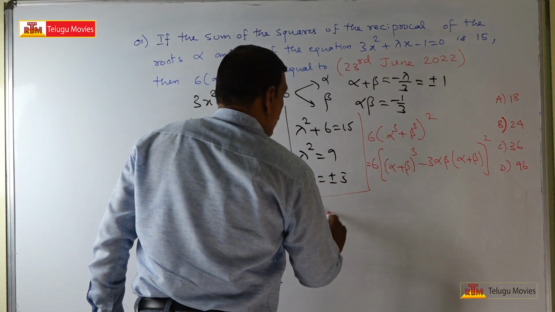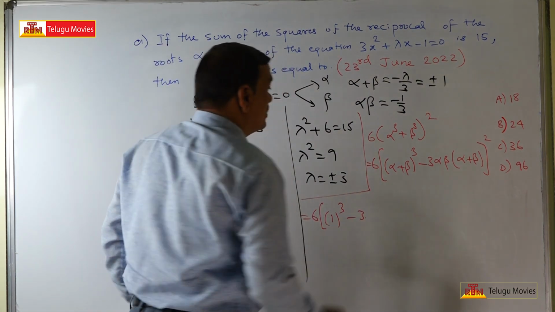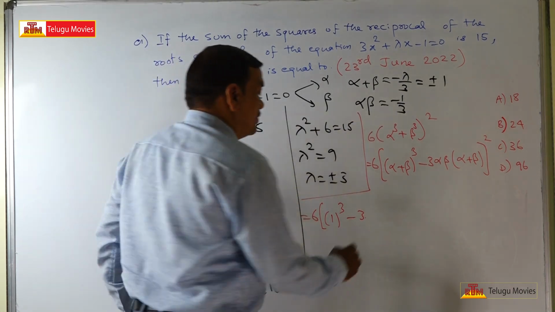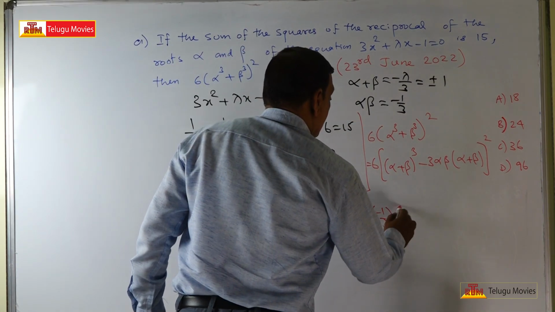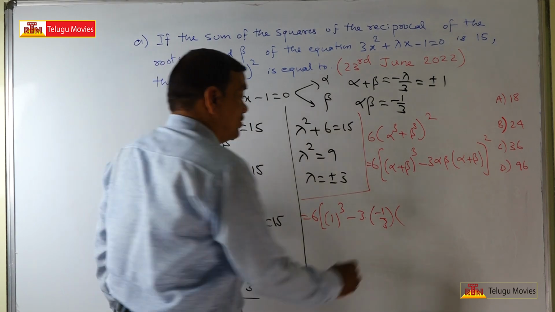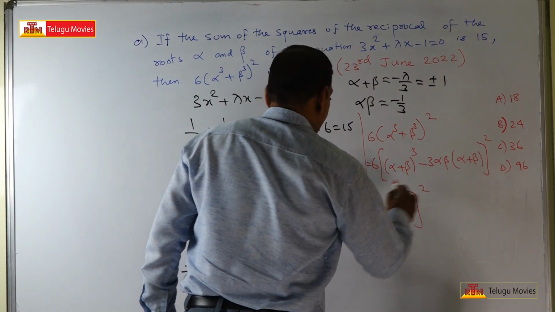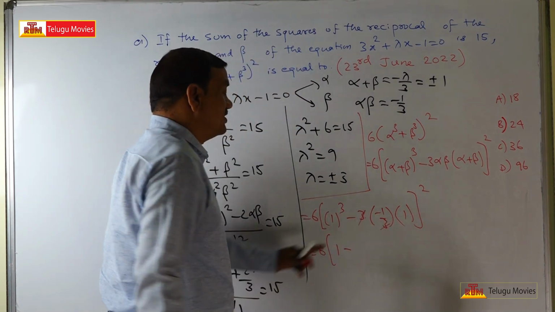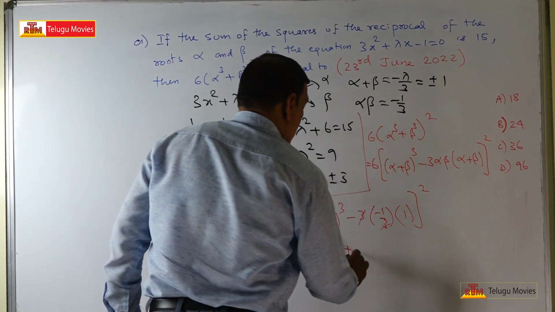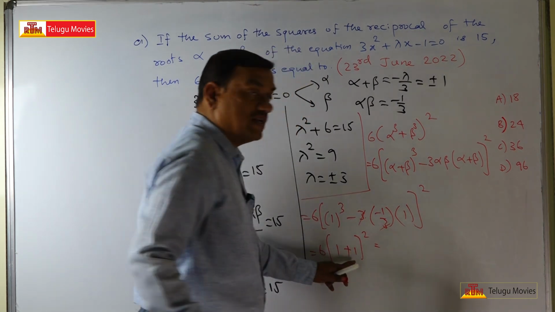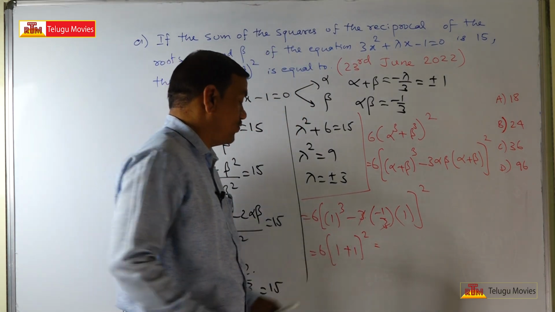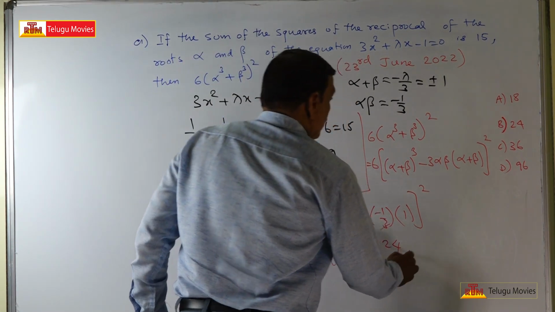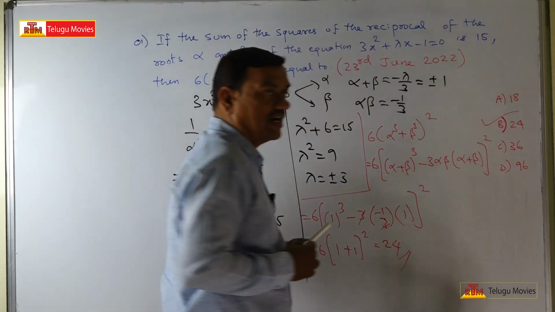This is 6 times [1³ − 3 × (−1/3) × 1]². The 3 will cancel, minus into minus gives plus, so (1 + 1)² = 2² = 4, and 6 × 4 is 24. Therefore 24 is your right answer.